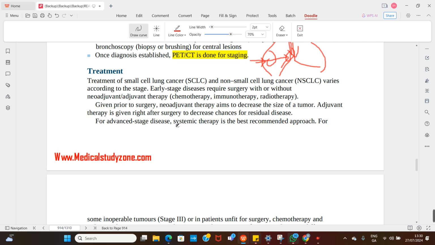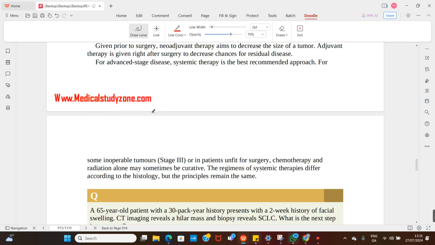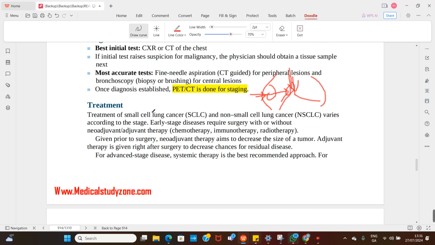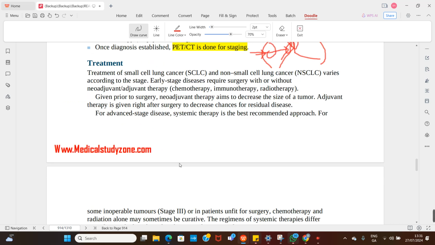But if it's not metastatic, you can do your radiotherapy only. The approach to the management actually depends on the type, but I don't think it's within the scope of our Step 2. What I've said now is what you need to know. If it's metastatic, give your chemo and your radio. If it's not metastatic, you can give your radio.